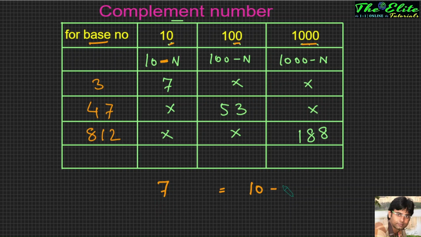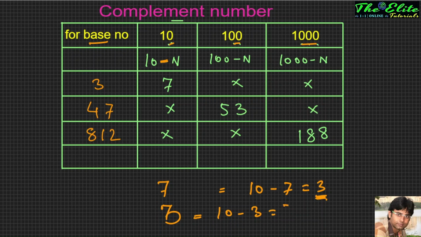So you subtract 7 from 10 and get the number, and that is your answer as the complement of 7. So we can say that 3 is the complement of 7. Or if I give the opposite, like 3 is the number and you are asked to find its complement, then naturally it will be 7.